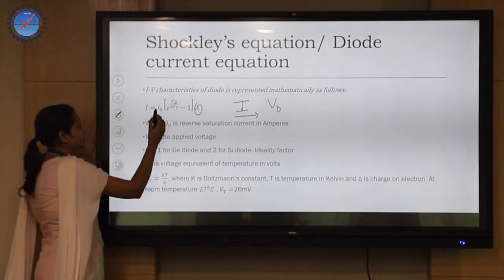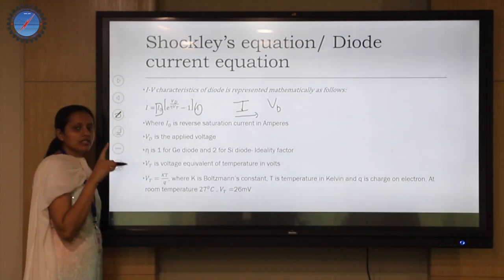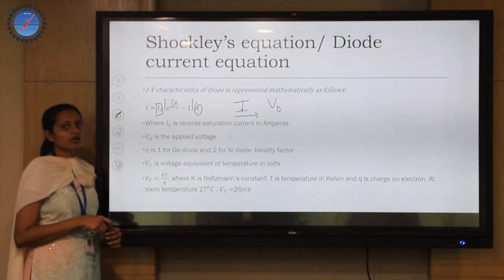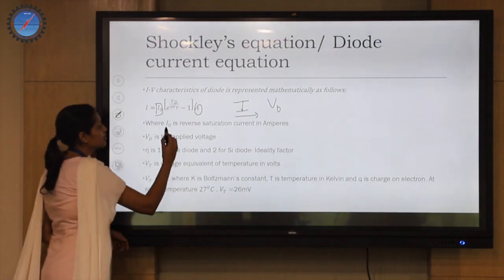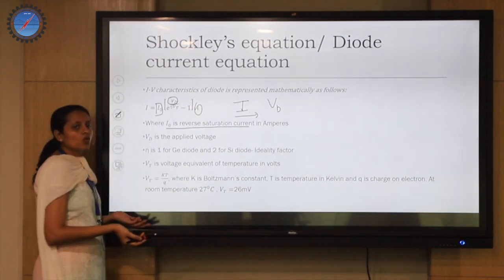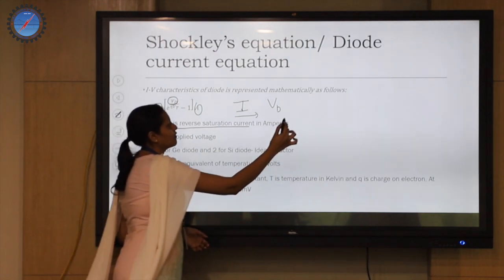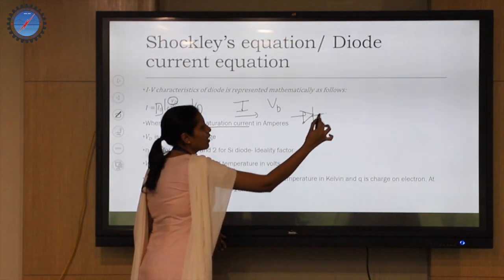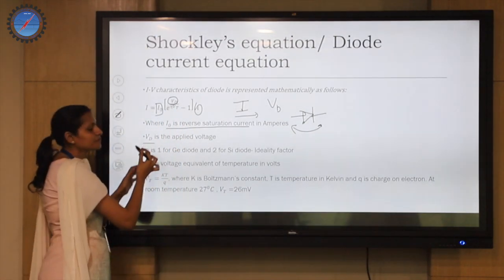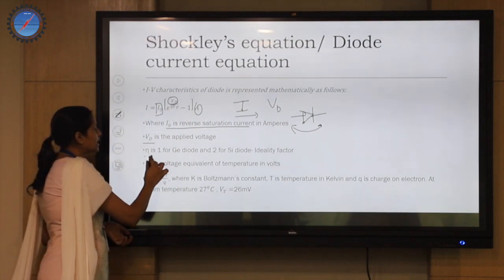As I told, I naught is the reverse saturation current. That's the least current or the minimum current which is flowing in a reverse bias diode. And what is Vd? That's the voltage across the diode. If you have a diode, what is the voltage applied across it? That is Vd. What is eta?